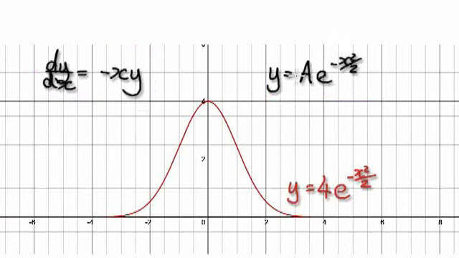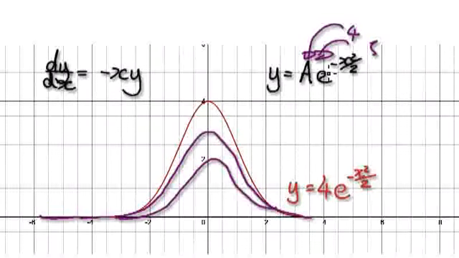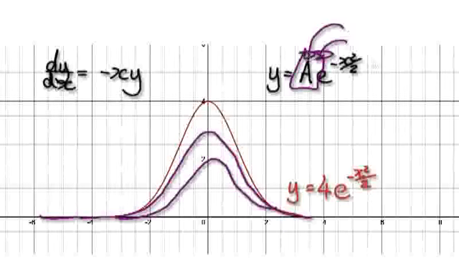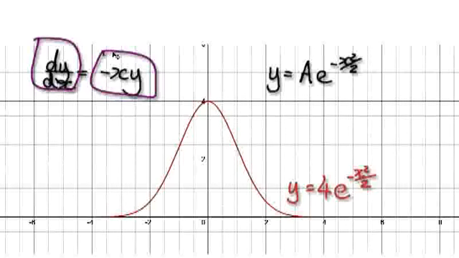If you get a graph plotter and plot this, in this case a actually is 4. If you change a to a 3, you'll probably get something like this. If you change a to a 2, you will probably get something like this. The point is that a is a constant; it changes. Looking at this, what it's saying is that dy by dx equals this thing here.